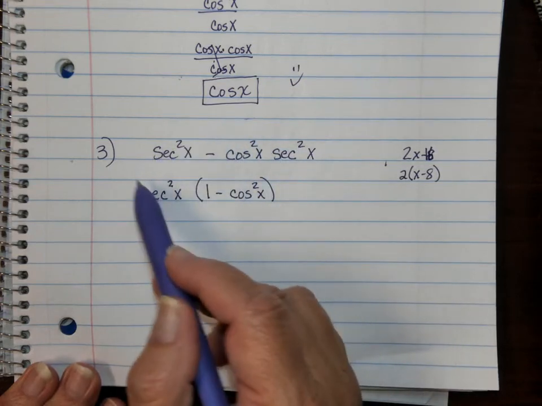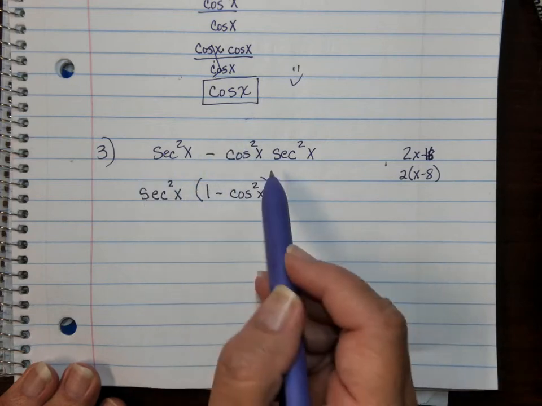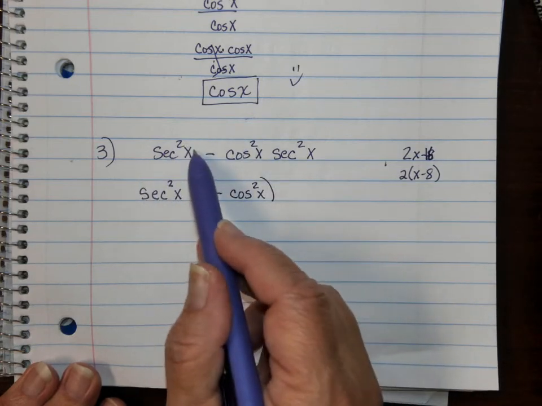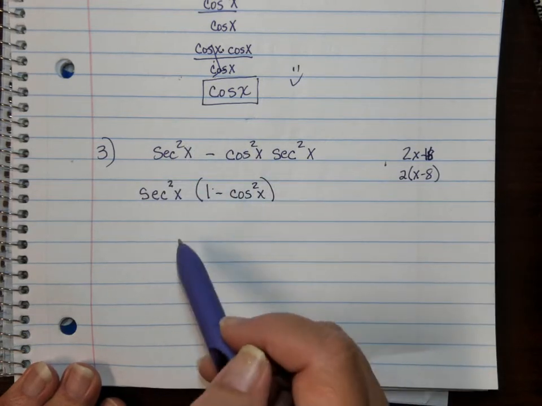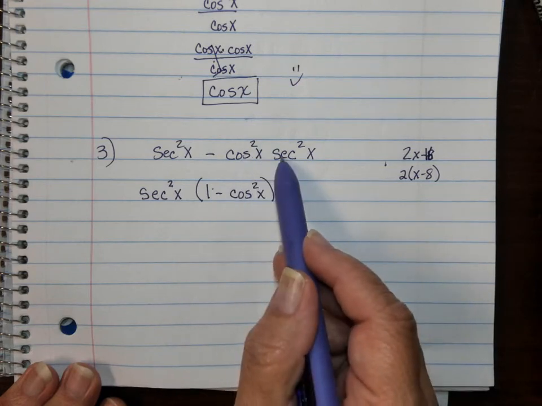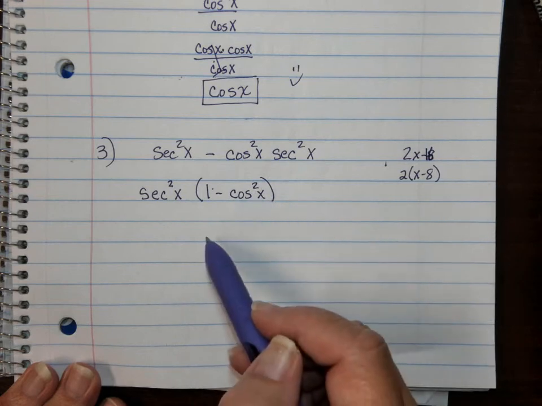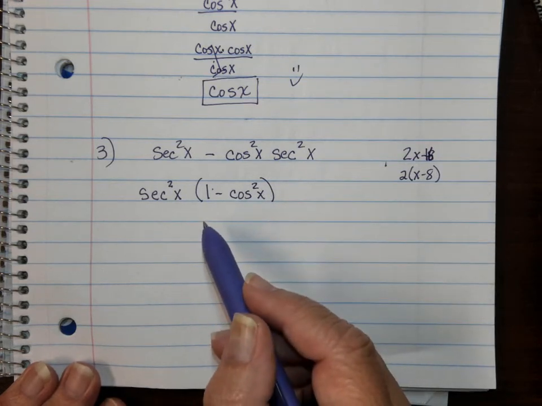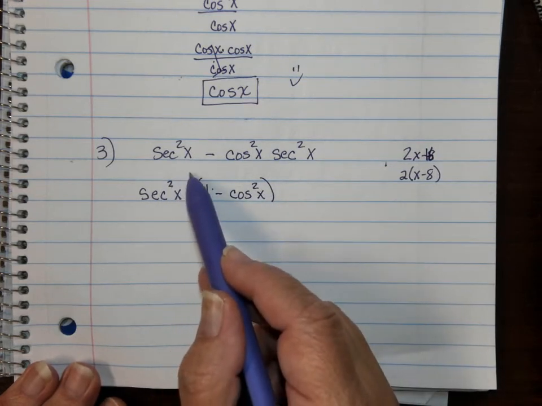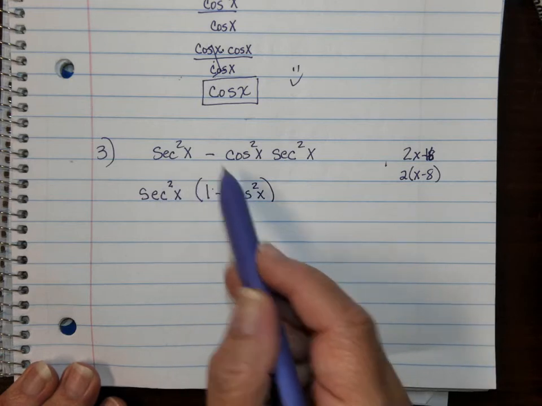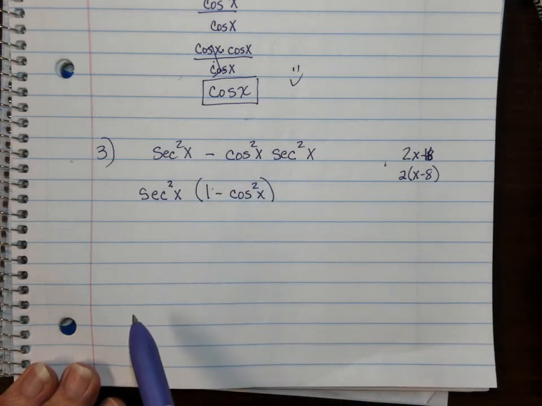We're factoring it out. Factoring out, you're actually dividing. Secant squared x divided by secant squared x is 1. Cosine squared x times secant squared x divided by secant squared x is cosine squared x. If you doubt yourself a little bit on factoring, go back and distribute this guy and see if it comes out to where you started. It's a way to check yourself.